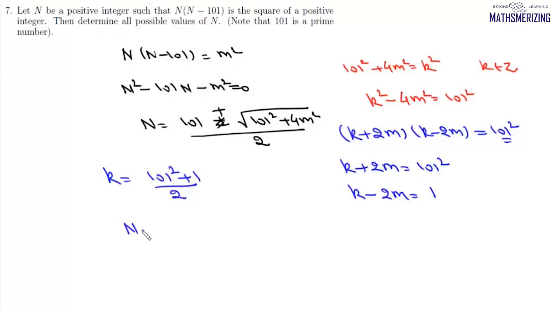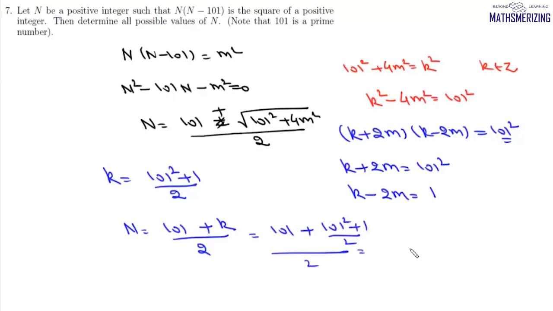So now we can write this n as 101 plus k upon 2. Now this 101 plus k is 101 square plus 1 upon 2, which is 101 square plus 2 into 101 plus 1 upon 4.